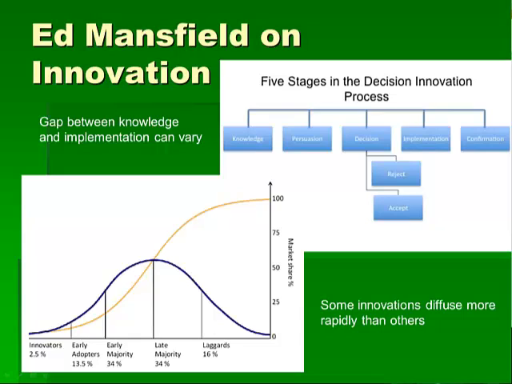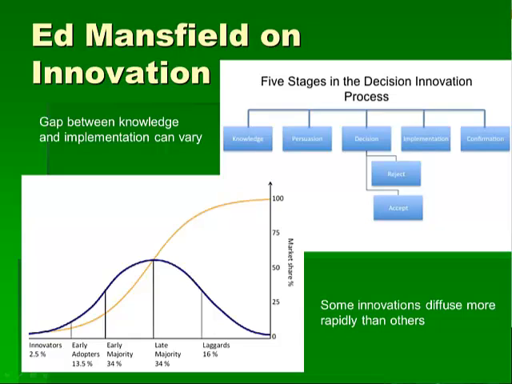He particularly argued in the upper right that people had to be persuaded to apply knowledge to a new product or process. They had to decide to do that. Then they had to implement it, and finally they had to figure out a way to actually make it work.